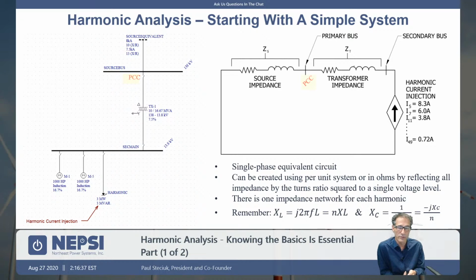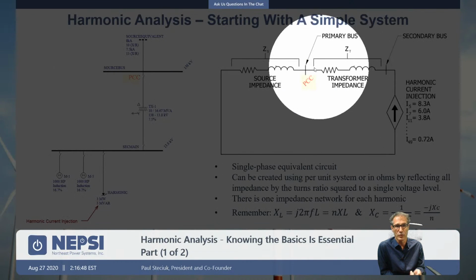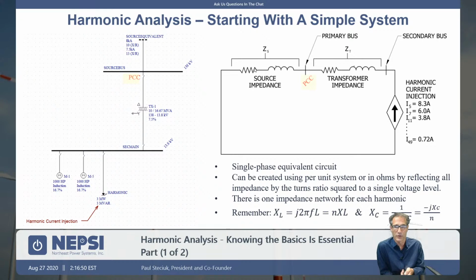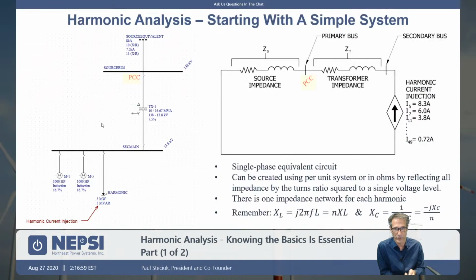And if you recall from your years at college, for those who have studied network analysis, you can take a three-phase circuit and represent it with a single-phase equivalent. And that's exactly what harmonic analysis is doing. We're taking a three-phase network, which is represented by this one-line diagram, and we're converting it to a single-line diagram as shown there on the right.